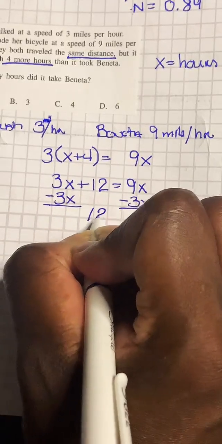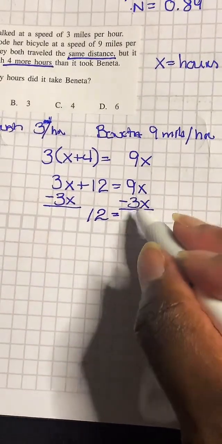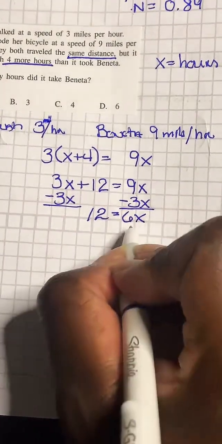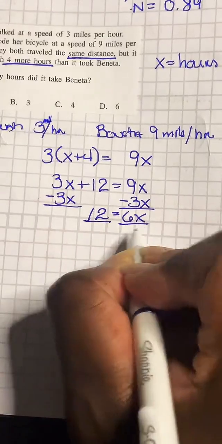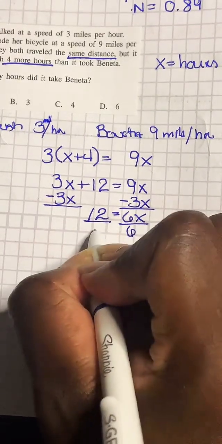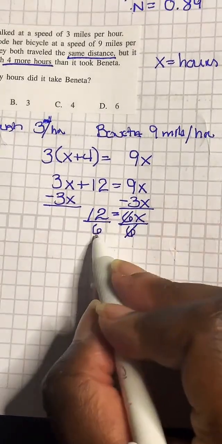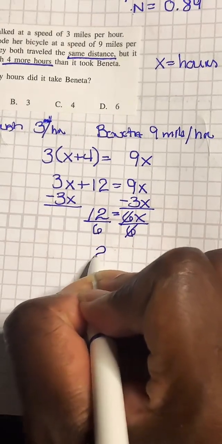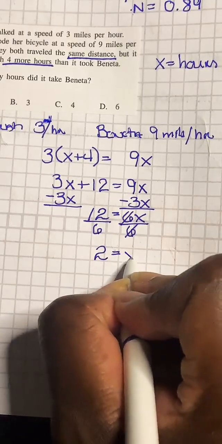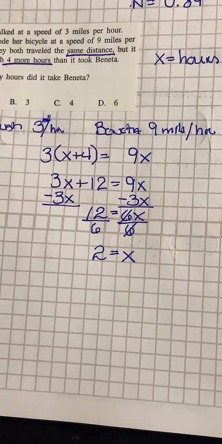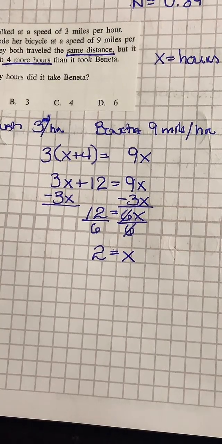We got our 12. 9 minus 3 gives me 6x. So we divide both sides by 6. So 12 divided by 6 will give me 2. Now, we're looking at 2 hours.